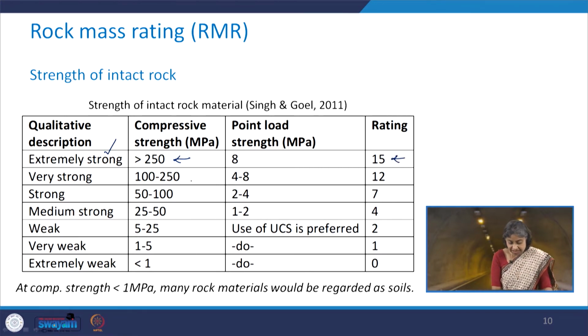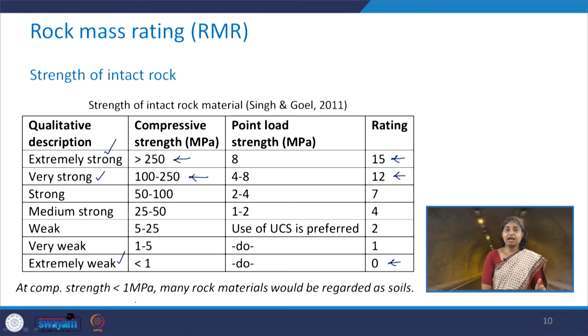Similarly, if it has the compressive strength in between 100 to 250 megapascal, it is described as very strong rock and the rating of 12 is assigned. So, likewise, if you just go through this table, the last one is extremely weak rock which has a compressive strength less than 1 megapascal, and the rating which is assigned is 0.